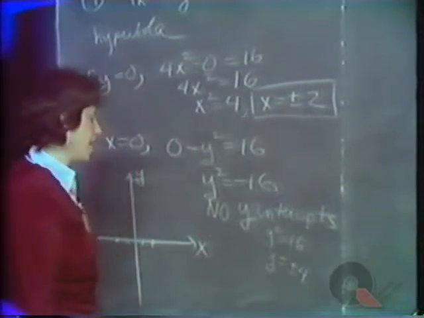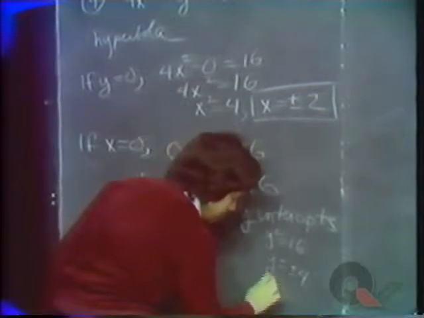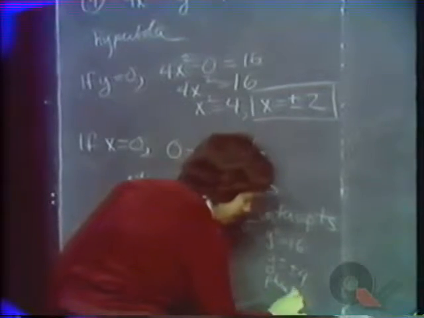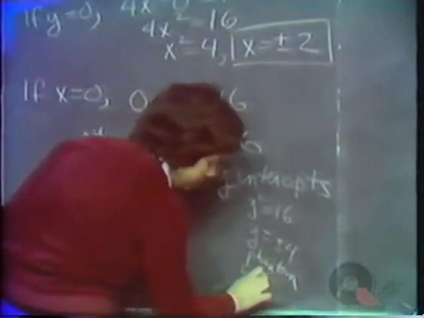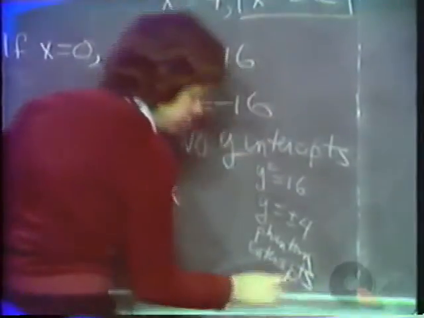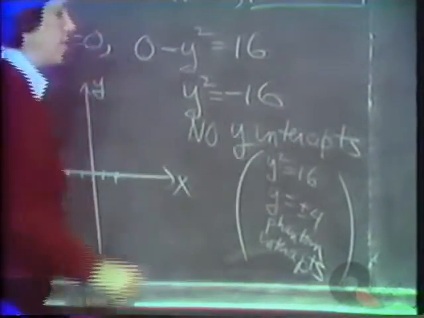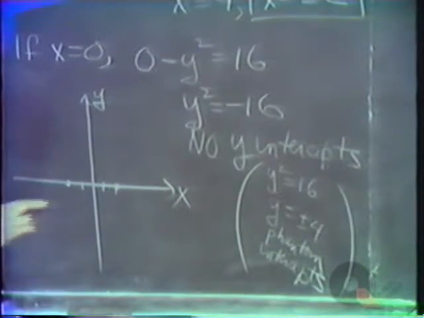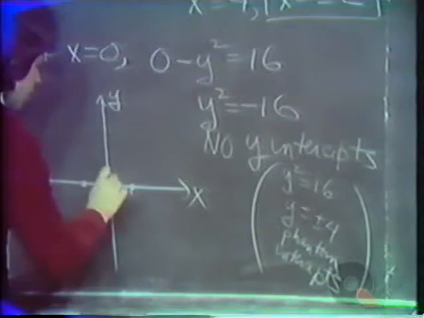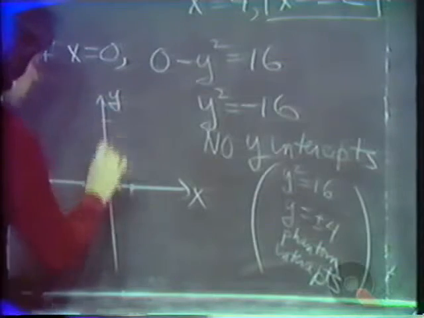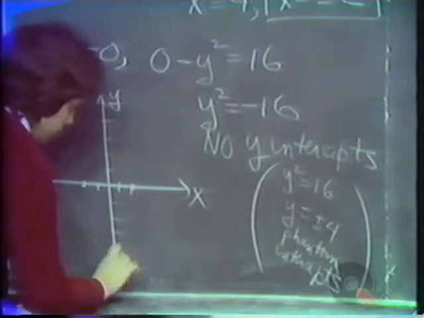These are sort of like phantom intercepts. They're not really there. What if this had been a plus? Then the intercepts would have been plus and minus 4. 1, 2, 3, 4.